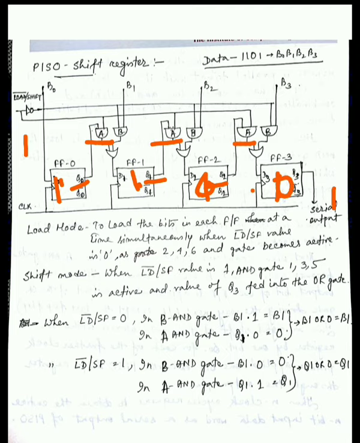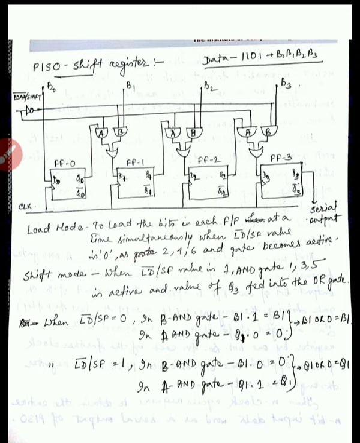In this way, the value of flip-flop Q0 goes to D1, Q1 goes to D2, Q2 goes to D3, as we have discussed. In the next clock pulse, again the value will be changed.